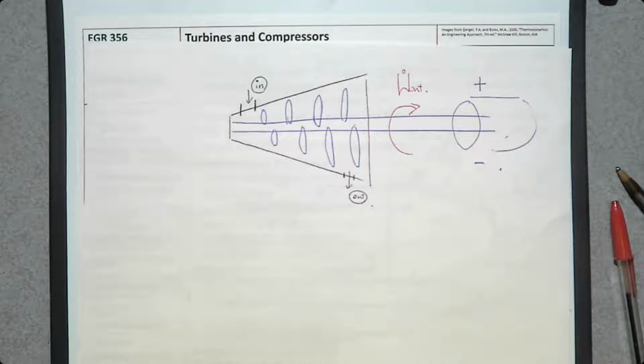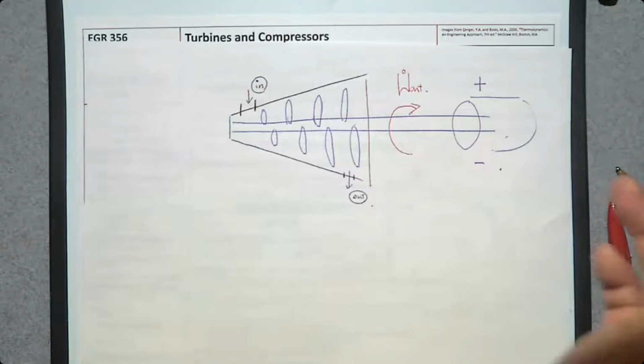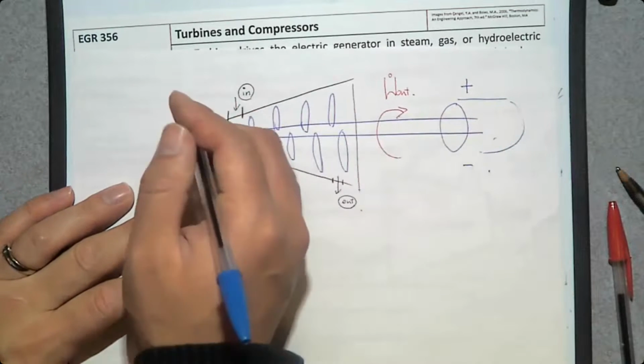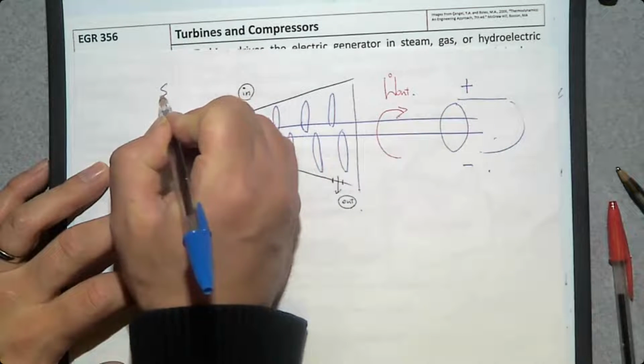There should be a working fluid, and that should have a lot of thermal energy. When a substance has a lot of thermal energy, what happens to its properties? You should expect low pressure? No, high pressure. Low temperature? No, high temperature. So let's assume that the working fluid is steam.